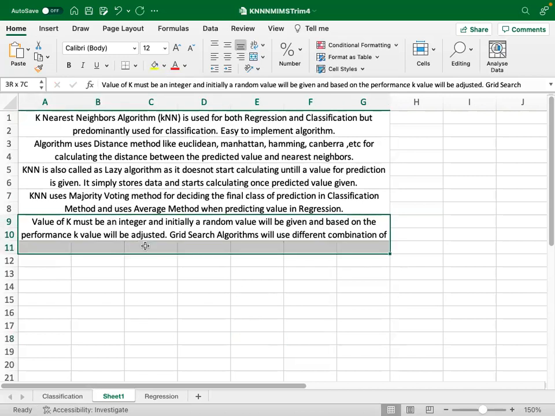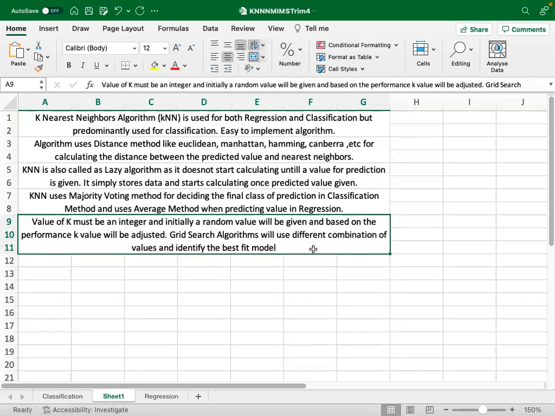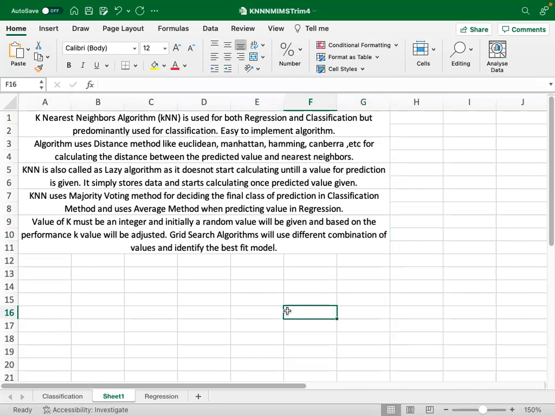Grid search algorithms are widely used where we have K nearest neighbors, K means clustering, hierarchical clustering. Wherever you have to give a value for K, you have to use grid search. We can even use it in random forest and gradient boosting.